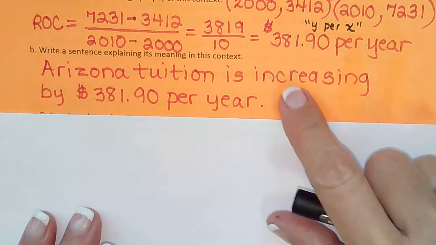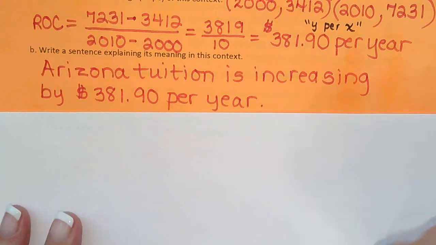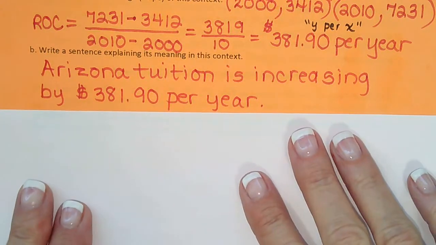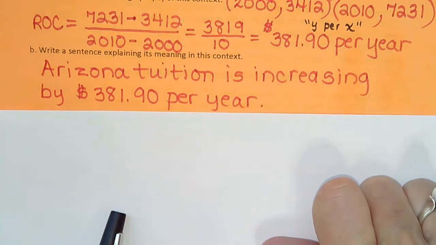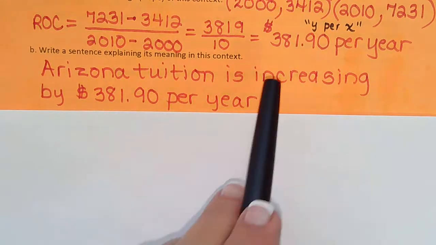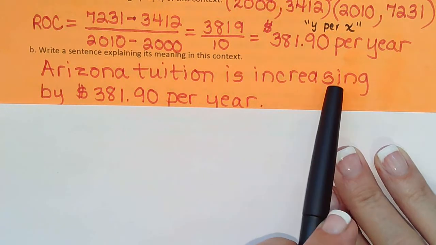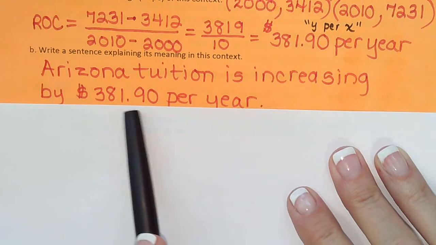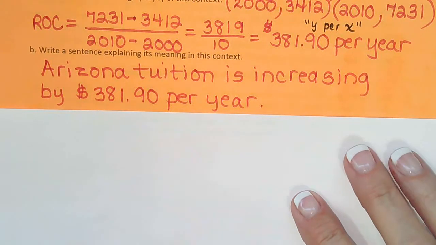So we have to use increasing or decreasing pretty much every time we write slope. Sometimes other words make more sense, but if it's positive, you should be using increasing. If the slope's negative, you should be using decreasing. So this time it was positive. So it's Arizona tuition is increasing by $381.90 per year.